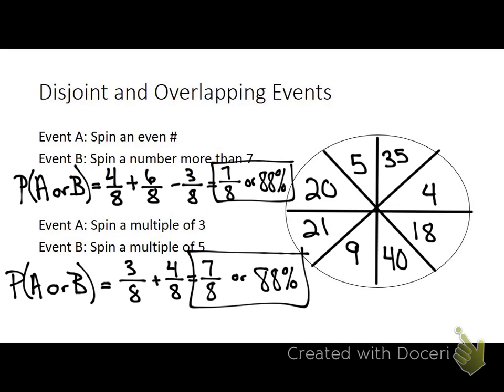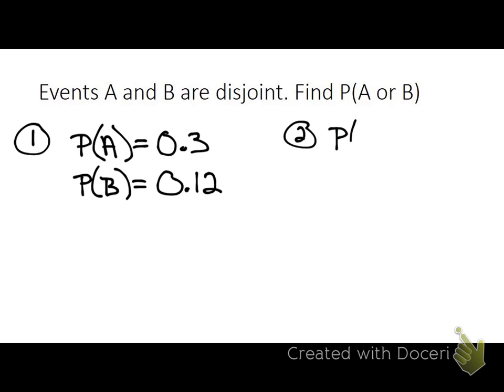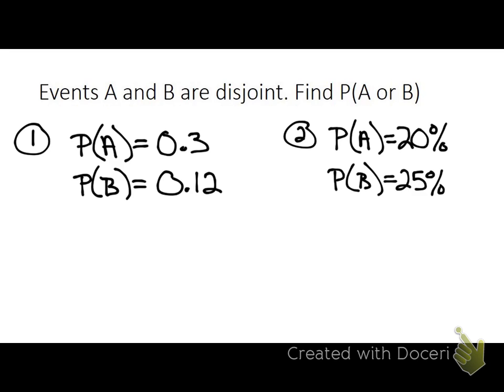Okay, so now let's calculate disjoint events. So I'm going to tell you that it's disjoint, and you're going to calculate it. Here's the problem that we ran into yesterday on the quiz. You don't know the difference between disjoint and complementary events when it's written this way. I didn't say they're complementary, like the chance of rain and the chance of it not raining, that's not this.